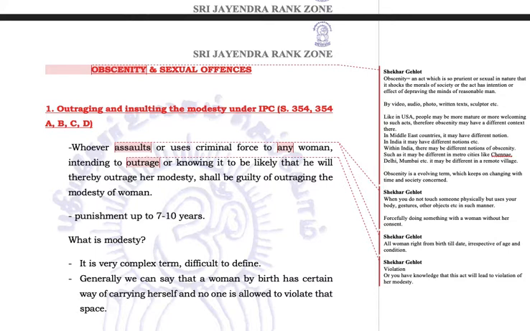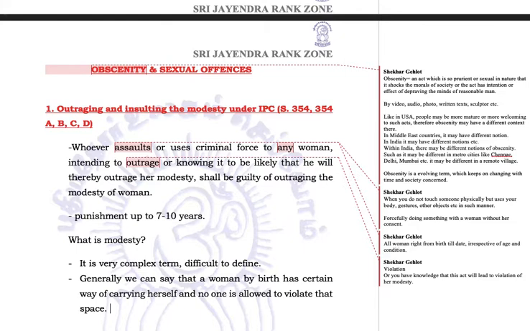A 99-year-old lady, she has no interest at all in maintaining herself, but she still carries her modesty. It is something or some energy which is in a girl or in a woman right from her birth and stays with her till the time she dies. That is modesty.